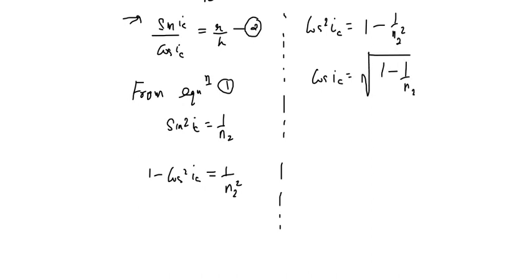Can I plug this value here now? Can I put this value here and the sin IC value there? Don't misunderstand, this is not square. This is sin IC. Sin IC equals 1 by N2. So this is equation 3.